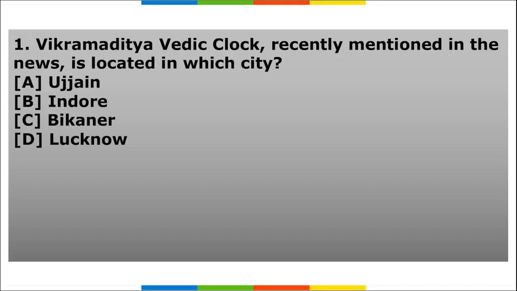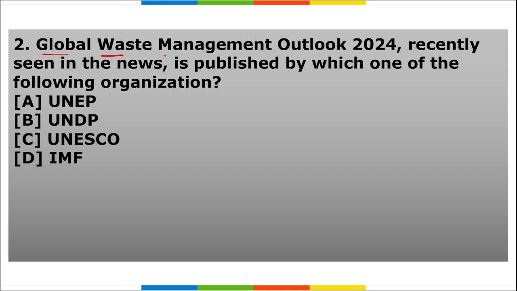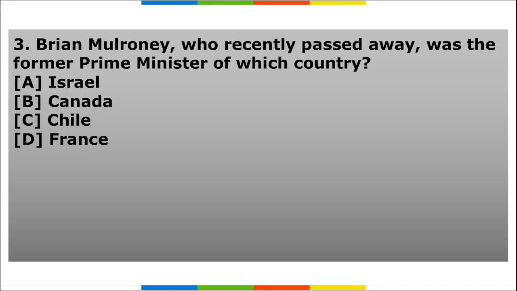Next is our homework section. First, Vikramaditya Vedic Clock, recently mentioned in the news, is located in which city? Second, Global Waste Management Outlook 2024, recently seen in the news, is published by which one of the following organizations? Third, Brian Mulroney, who recently passed away, was the former Prime Minister of which country?